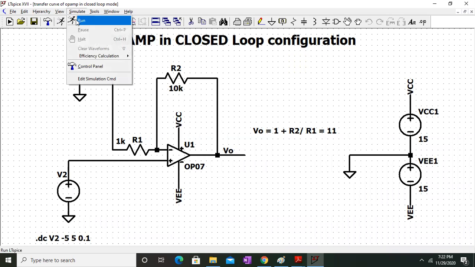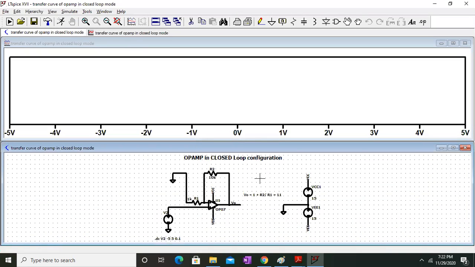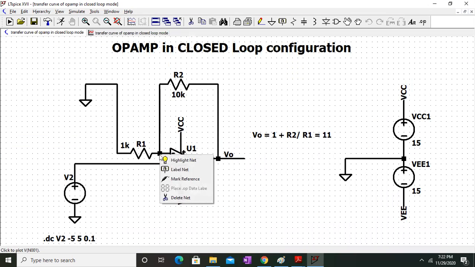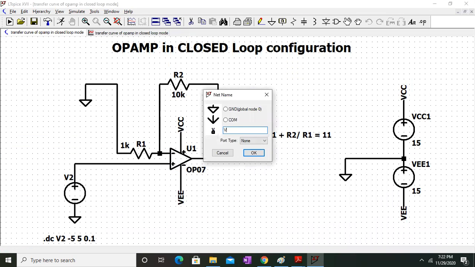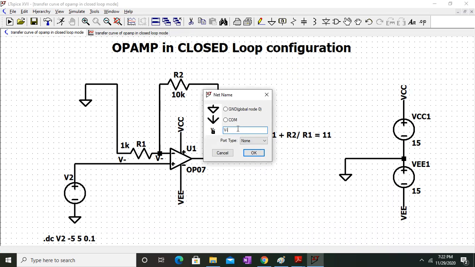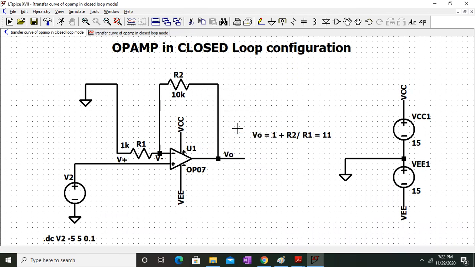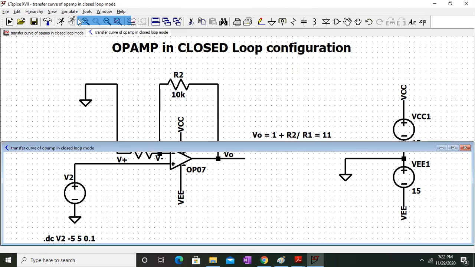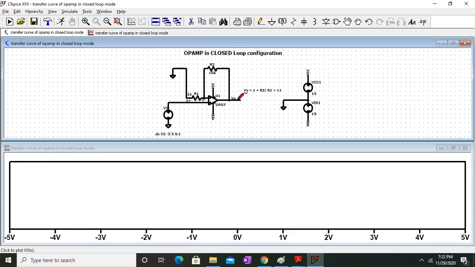Now let me simulate and run. Before that, I have to name these terminals. This will be V minus, and this will be V plus. We have to subtract them actually. Now we'll simulate it and check its output.